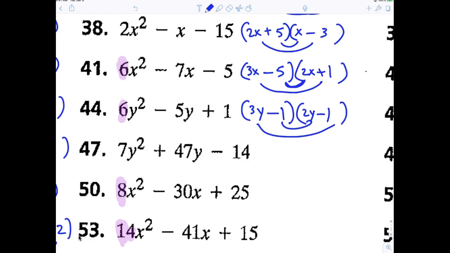Agreed? All right, if you're good with numbers, this is kind of easy. Can I get the same answer with 6y plus y? Then that's not correct. Because a plus 1 times a minus 1 is going to be a negative 1.